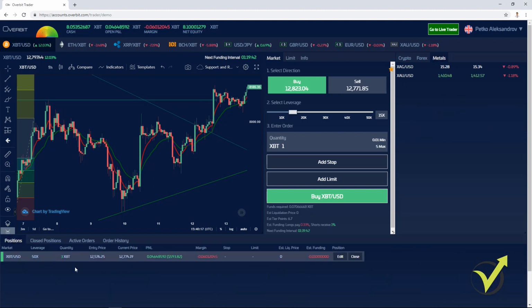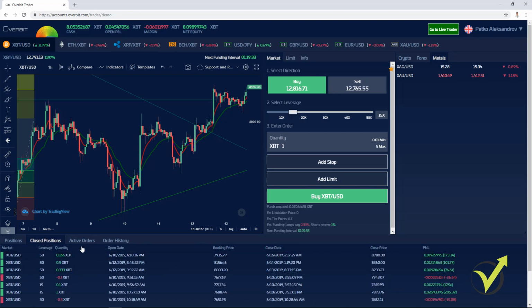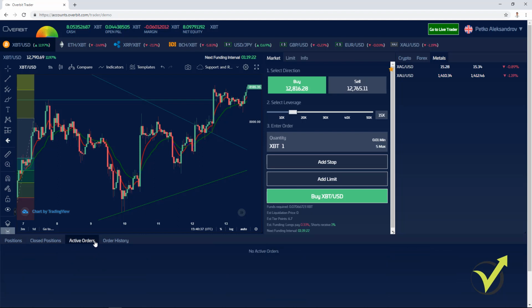For the moment I have one trade opened over here, and in closed positions you can see some closed trades which I will demonstrate during the course, and you will see how these trades were opened and closed. And we also have active orders and order history. So the platform is really simple to use.